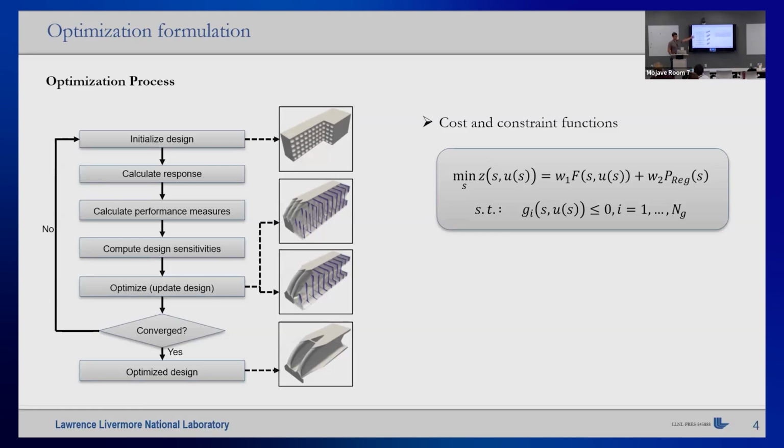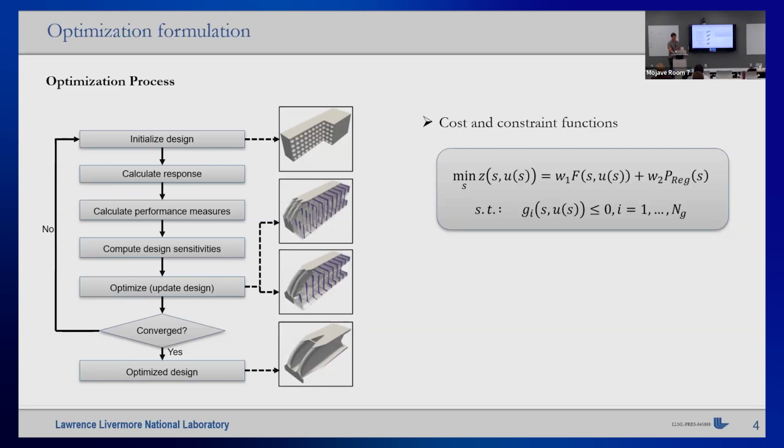Then we normally calculate a response based on this geometry definition. And of course, we need something to analyze this. Something cool is if we have a conformal mesh. That's where we want to go with this work. And then we have some performance measures.